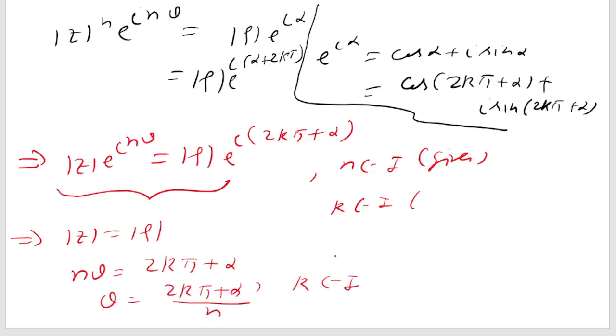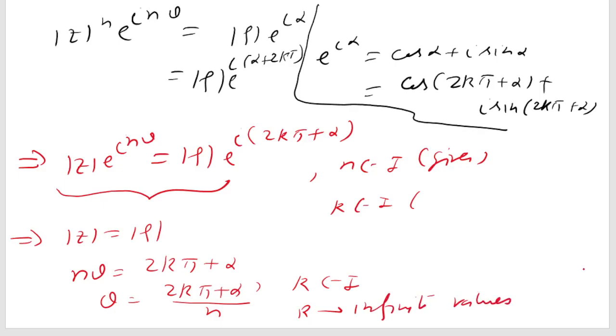K can have infinite values, so it's a periodicity. Periodic means alpha plus 2 pi, alpha plus 4 pi, alpha plus 6 pi. There are infinite values of k possible. Got it?